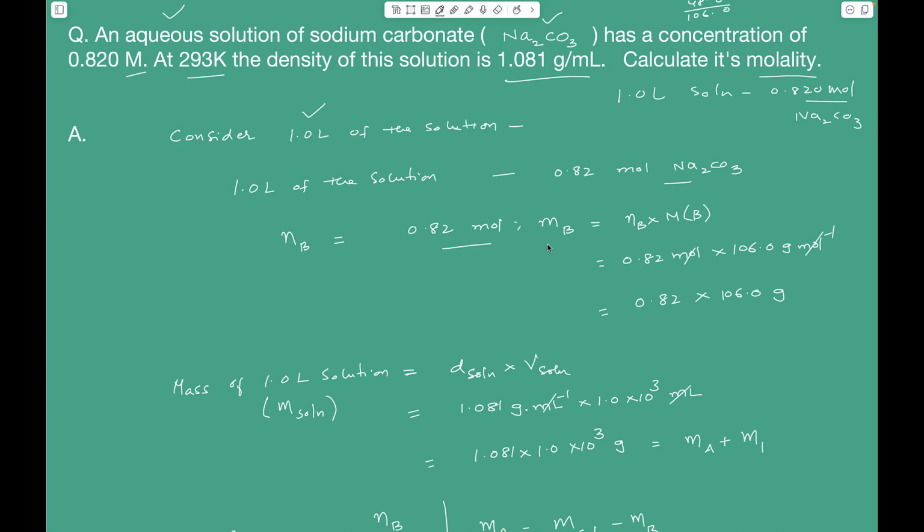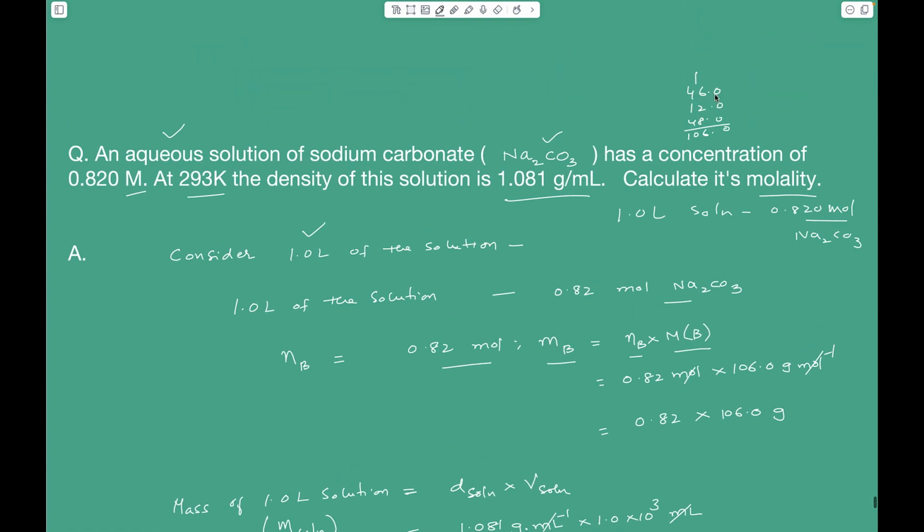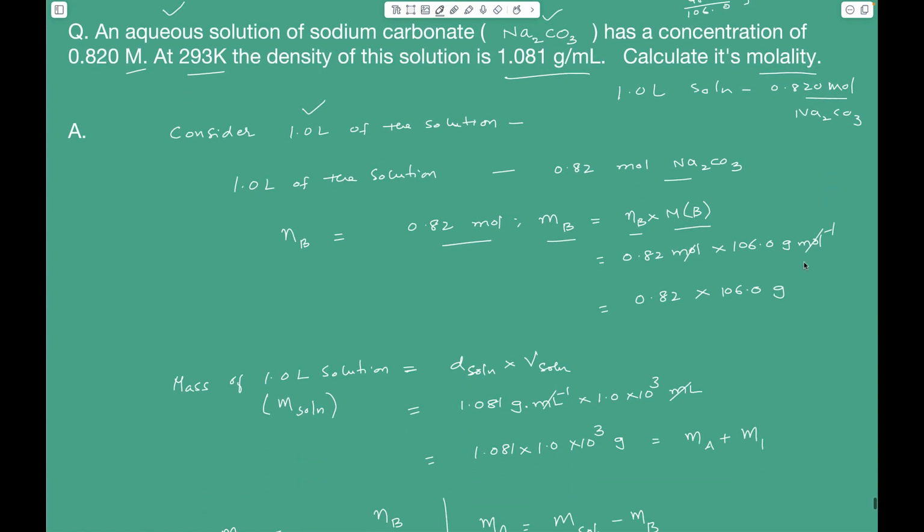Then can you calculate the mass of sodium carbonate, or the mass of solute? Simple. Amount of substance multiplied with its molar mass. The molar mass of sodium carbonate is approximately 106 gram per mole. So this is the mass of the solute, sodium carbonate, present in 1 liter of the solution.